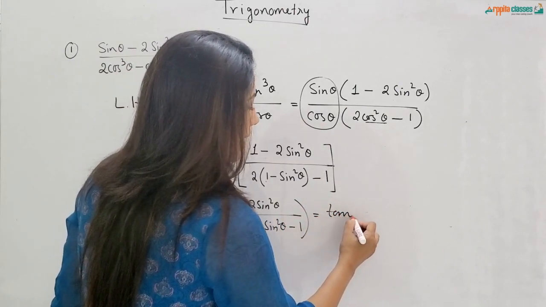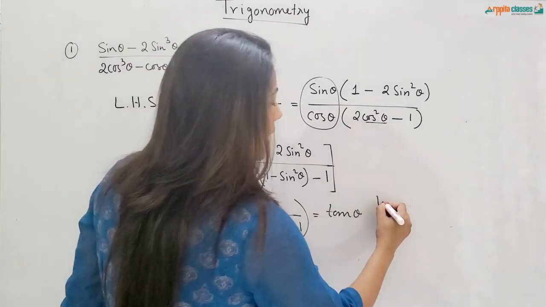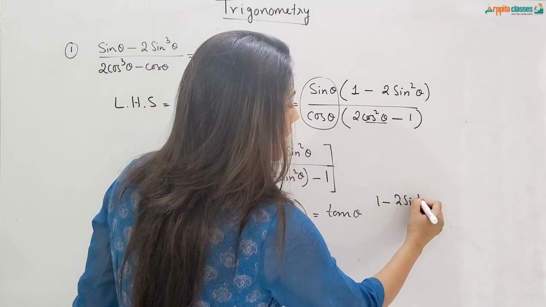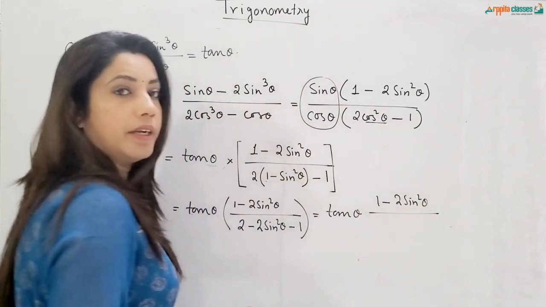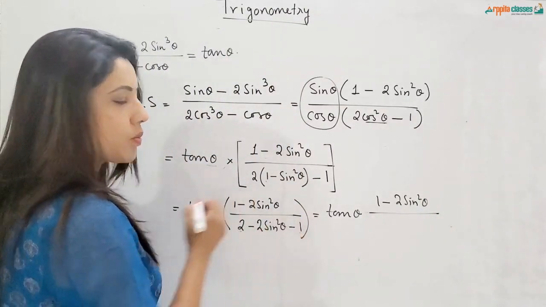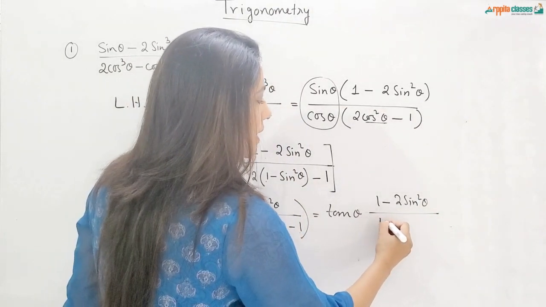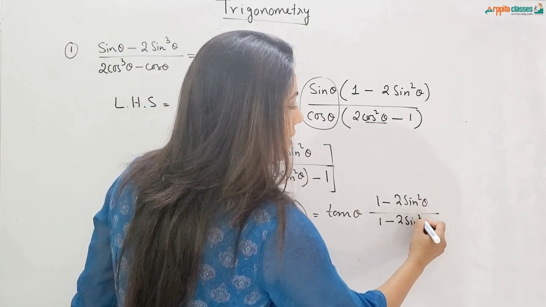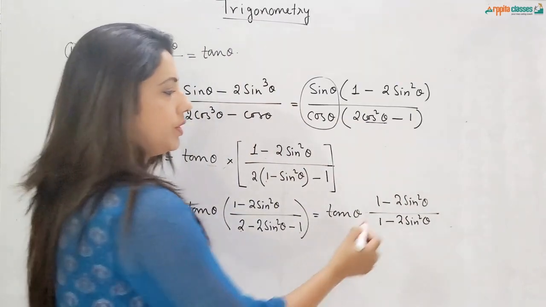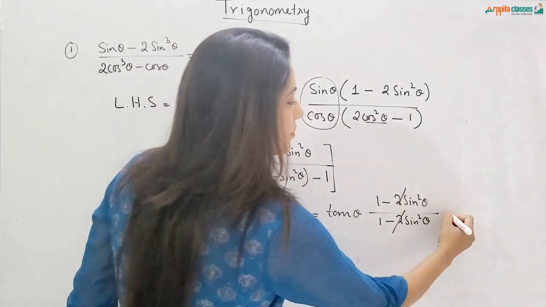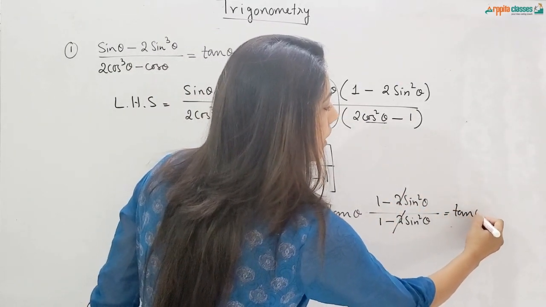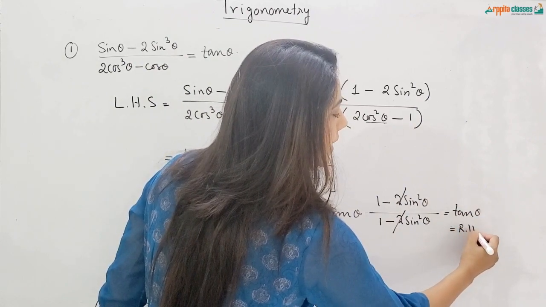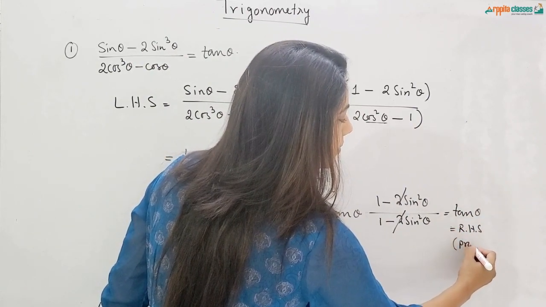So we get tan theta into 1 minus 2 sin square theta in the numerator. In the denominator you can say this is 2 minus 1, which will give me 1 minus 2 sin square theta. So I am writing this. So this and this get cancelled and we get tan theta, which is the right hand side. Proved.